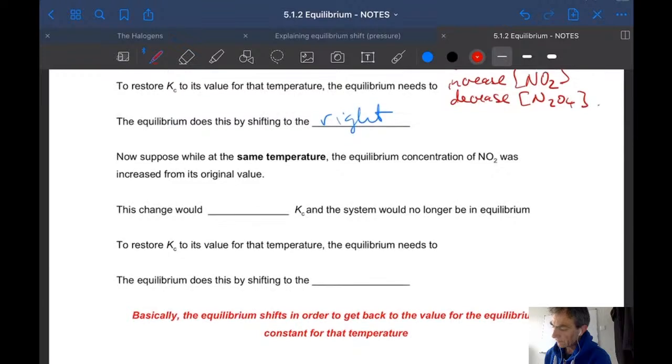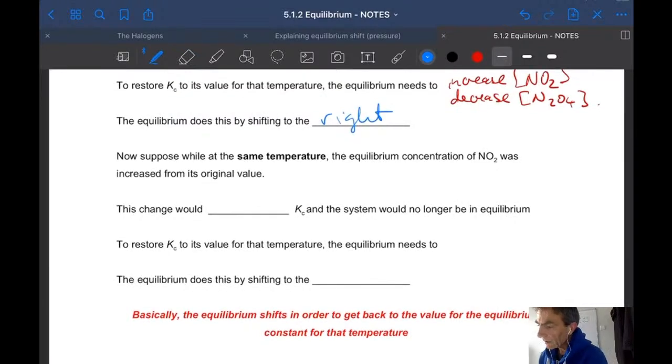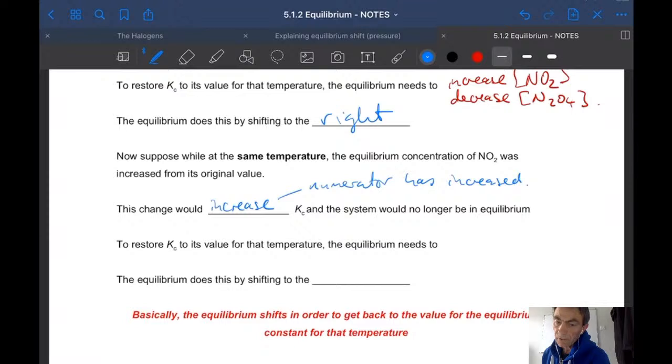So let's get that in. This would increase Kc. I've just got a little thing in my notes there for clarity. The numerator has increased. That's why Kc is increased. It's not an equilibrium anymore because it's at the wrong value for that temperature.